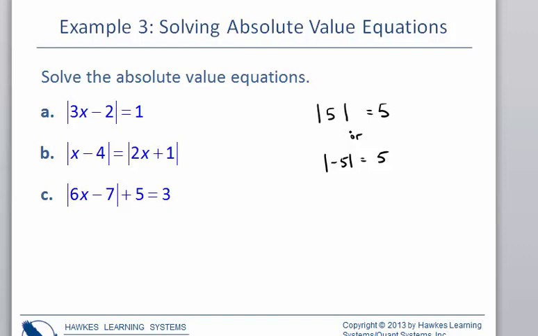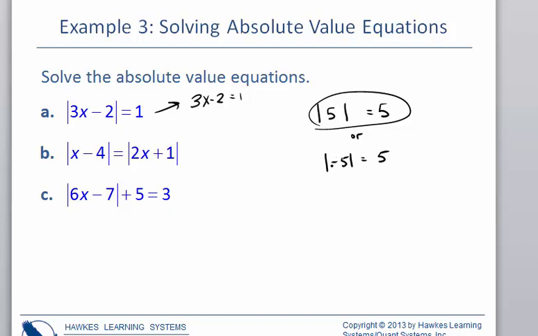And so here's what's going to happen. When we take this first problem, this 3x minus 2, we're going to look at it as being two possibilities. Either what's inside, the 3x minus 2, is going to equal 1 and we're going to be fine. That's essentially the scenario where it was already positive. We didn't really need the absolute value, but it kept it the same.